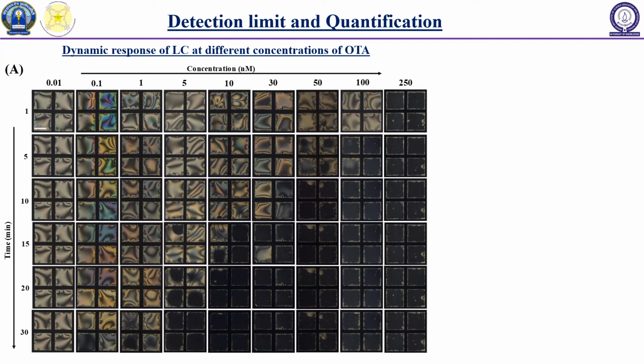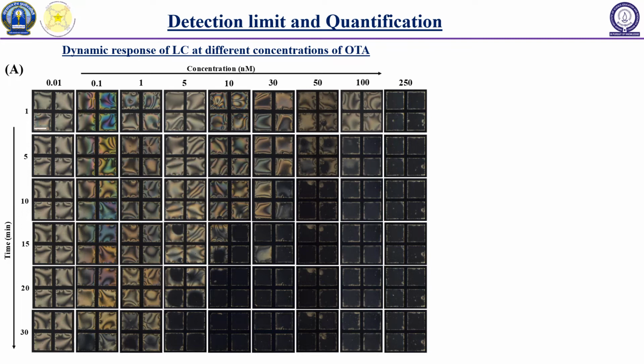However, on decreasing the concentration of the OTA, the response time of the LC-APTA sensor increased. For example, for 1 nanomolar and 0.1 nanomolar, the response time of the LC-APTA sensor was found to be 30 minutes. Therefore, based on these experiments, the detection limit of the LC-APTA sensor was found to be 0.1 nanomolar.